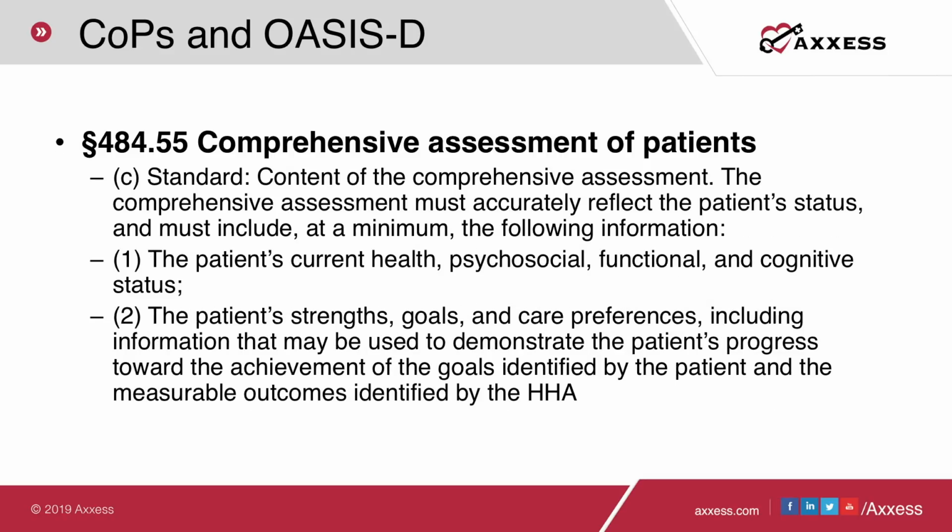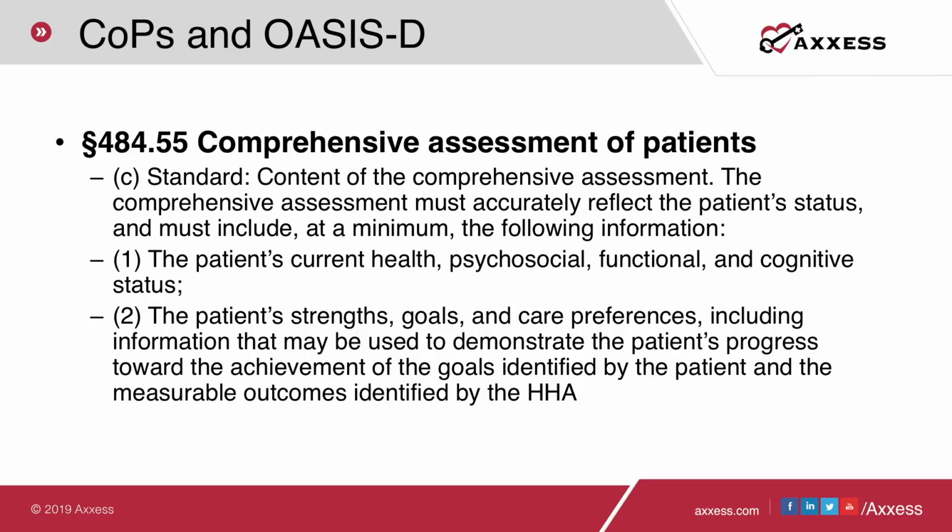comprehensive assessment. All right, at 484.55(c), we see what we have to have in our comprehensive assessment. And again, remember the OASIS is part of the comprehensive assessment, but it's not the be-all, end-all, do-all. It's only part of it, but it's never meant to be the comprehensive assessment itself.